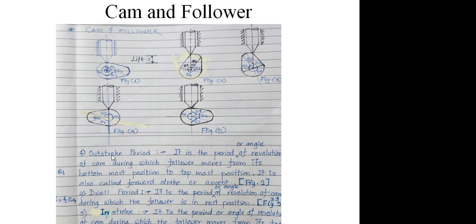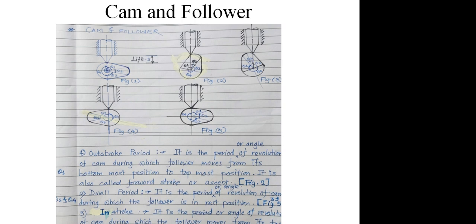So here you can see that the dwell period may be in between outstroke and instroke, where the follower moves in upward direction and immediately moves in downward direction, and dwell may come after outstroke and return stroke of the follower.